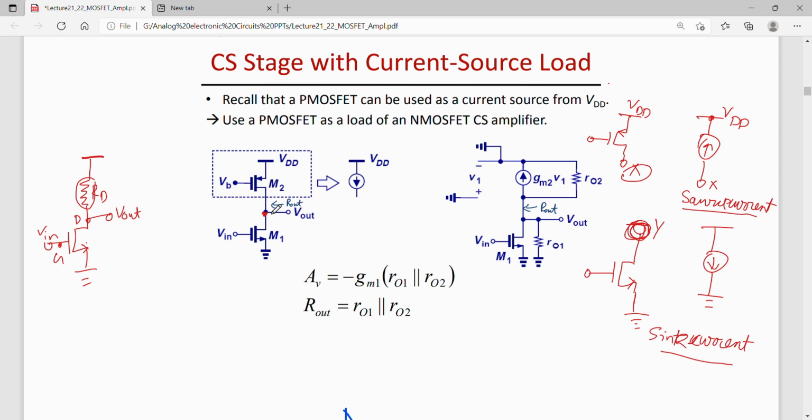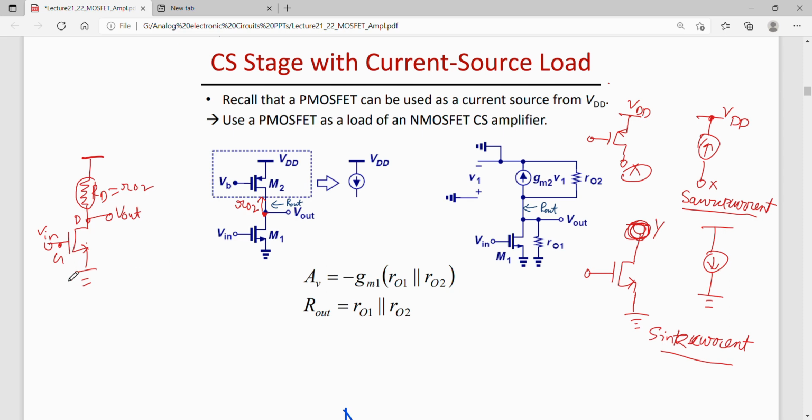Now the gain of this circuit can be found knowing that this is a common source amplifier with drain resistance RD. So instead of drain resistance I have now an M2 load. Now looking into this port, that is towards the drain of M2, the impedance of this M2 transistor would be RO2. So that means this RD is RO2.